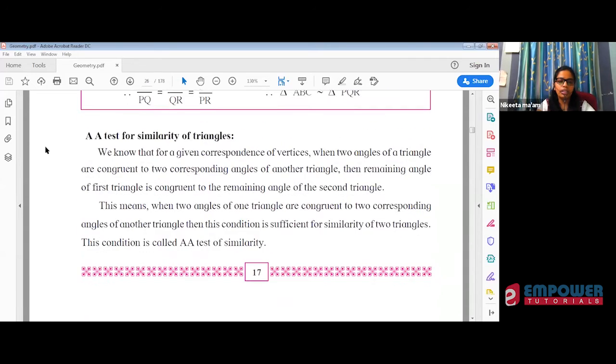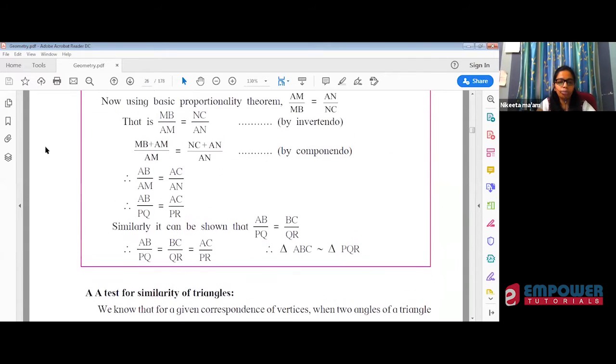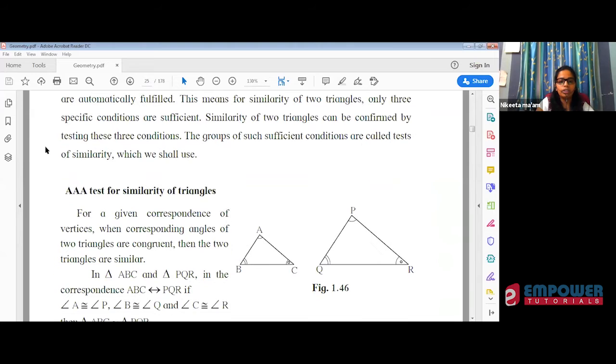AA test means if you prove that two angles of your triangles are congruent, then also you can say that two triangles are similar. Let's suppose you have triangle ABC, or we will take LMN.